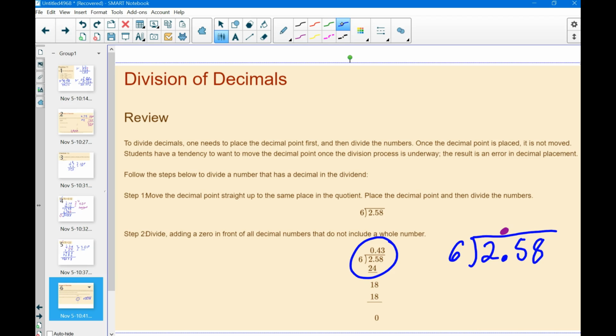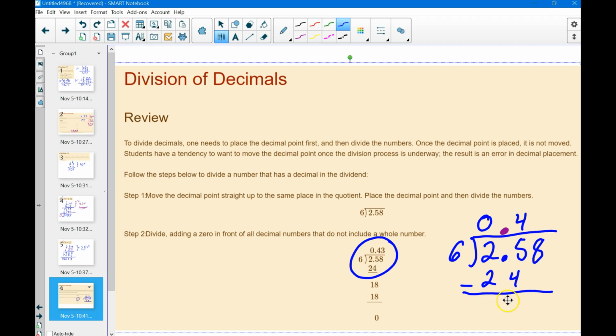Okay, and then I just start dividing. Well, 6 cannot divide into 2, so that's where the 0 comes from. And then you look at 25. 6 goes into 25 4 times, and 4 times 6 gives me 24.